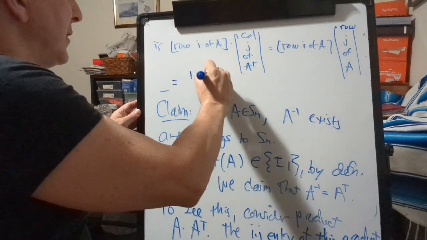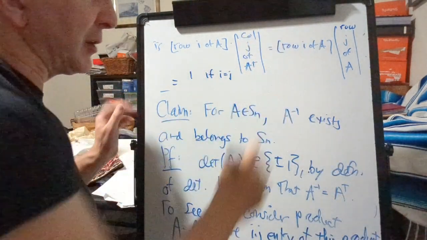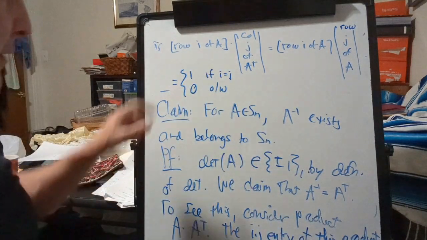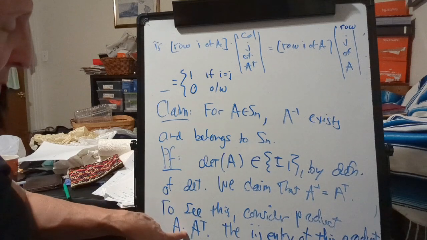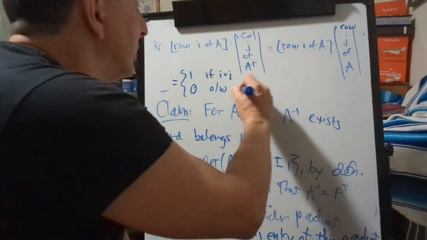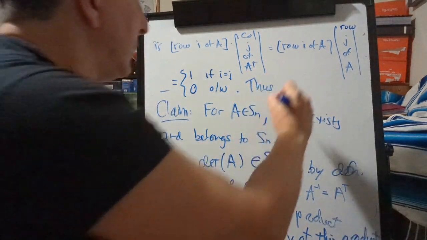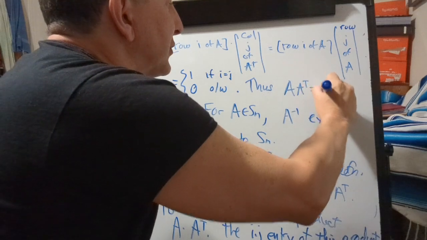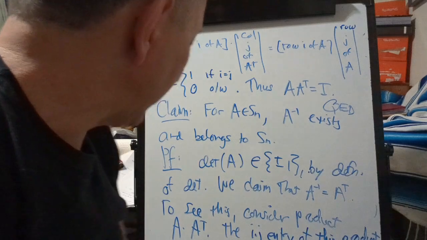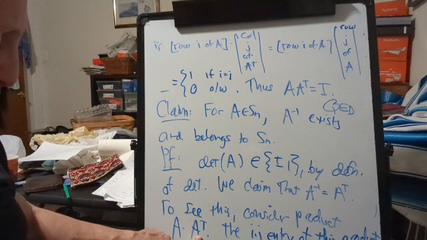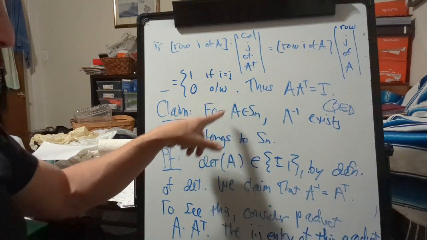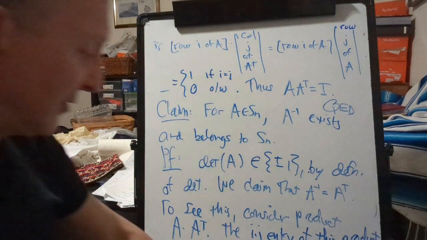So this is going to be 1 if I equals J, if we're dotting a row with itself, and 0 otherwise. So in this product matrix, we've got ones in the diagonal and zeros everywhere else. In other words, A times A transpose is the identity matrix. So therefore, A transpose is the inverse of A, and the inverses of all the permutation matrices belong to Sn because they too are permutation matrices.